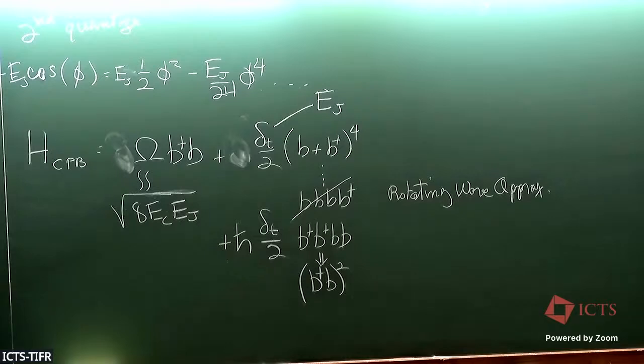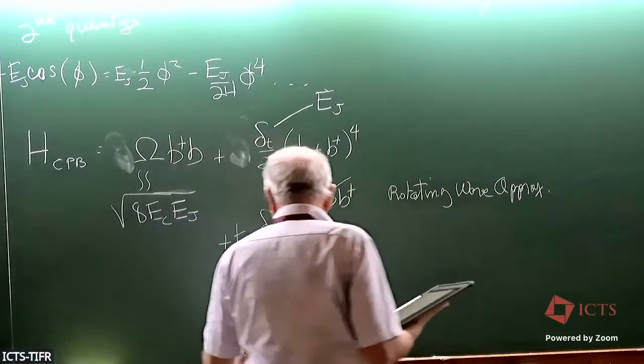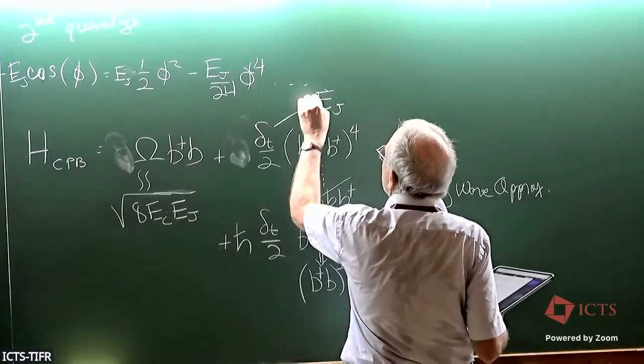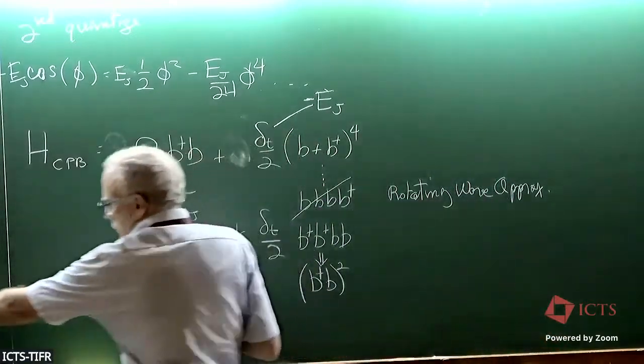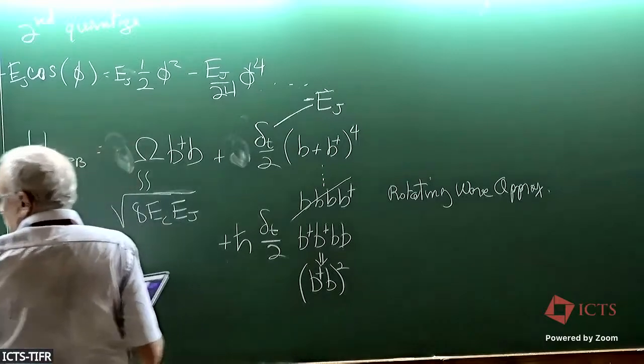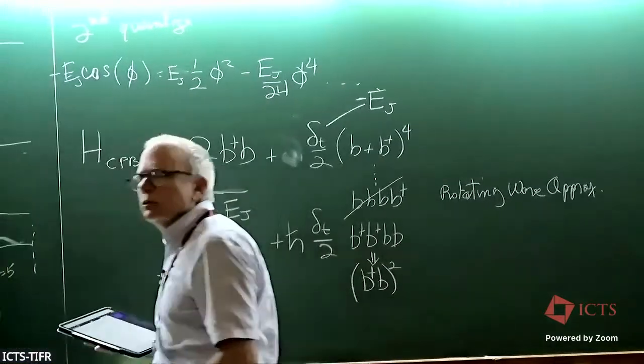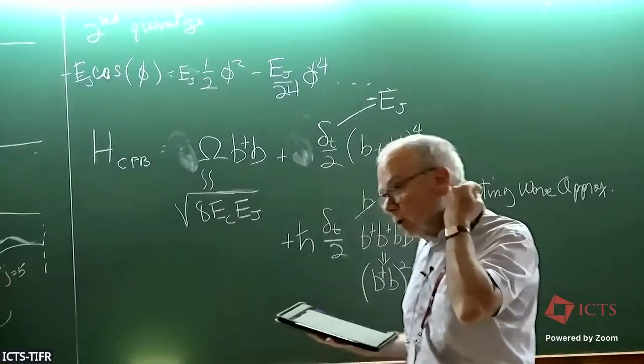And of course this Hamiltonian, the notes say this is minus EC, and that's quite important, that this is indeed a negative term. It's obvious in the fact that the cosine potential turns downward, so it's less than the harmonic potential.